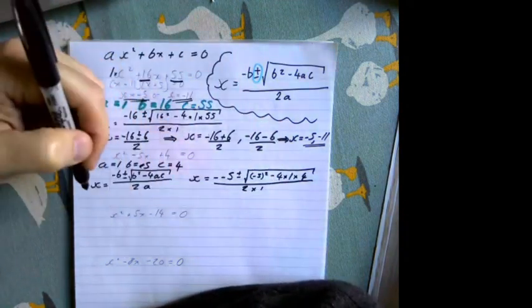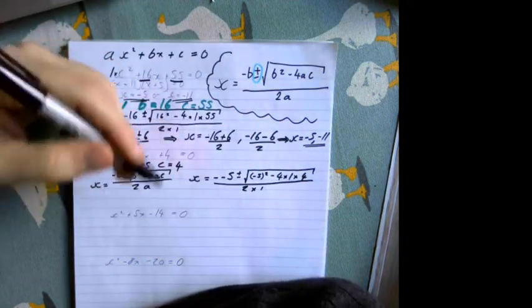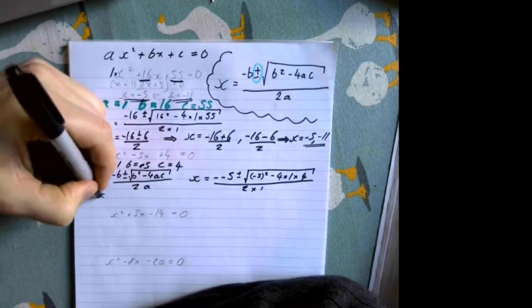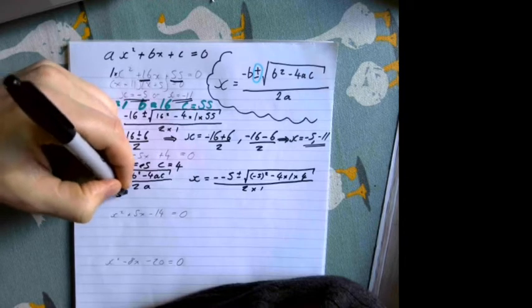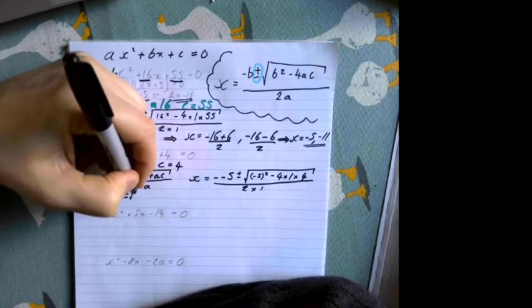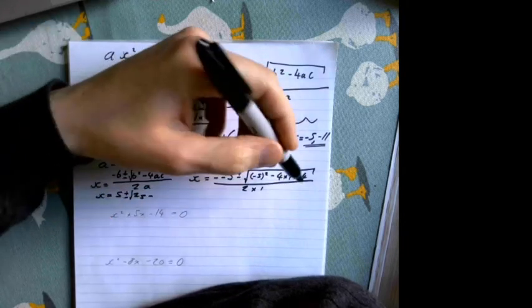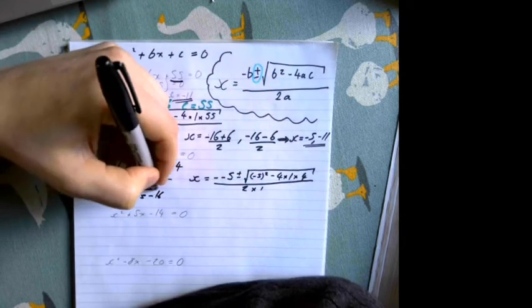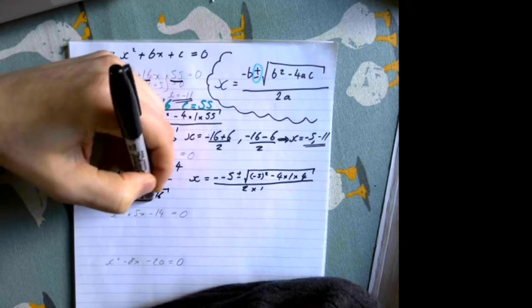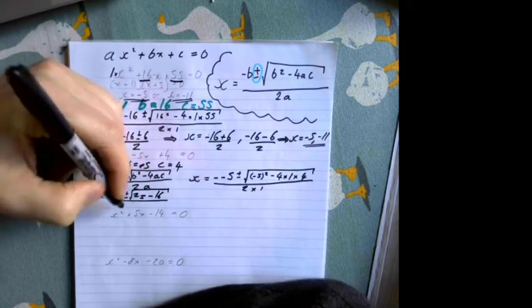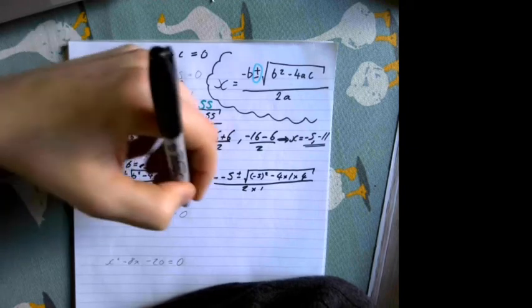So we've done our substitution step. It's just about making sure that we resolve that correctly. So if I simplify this, I'm going to get x equaling 5 plus or minus the square root of, well, this is going to become 25 minus 16 inside the square root there, and that's all over 2.